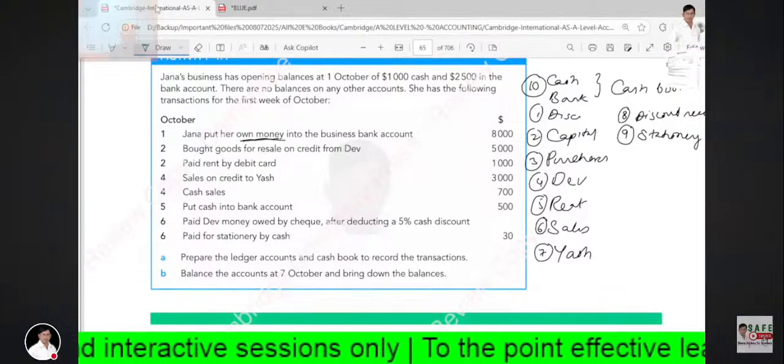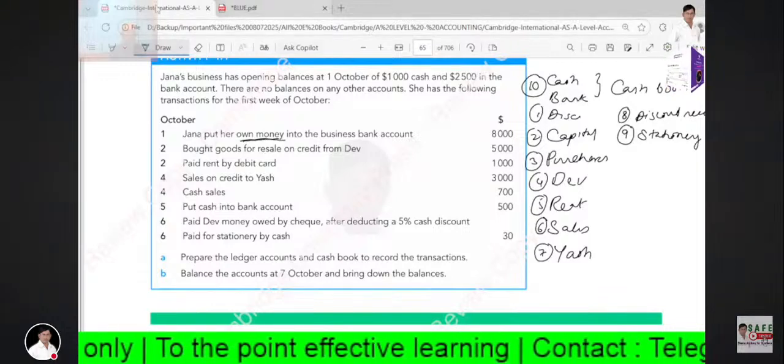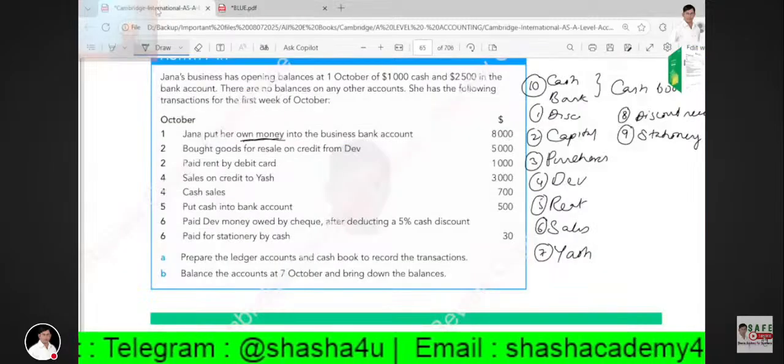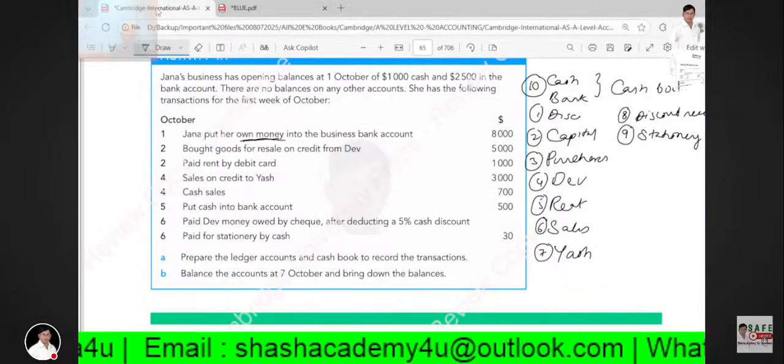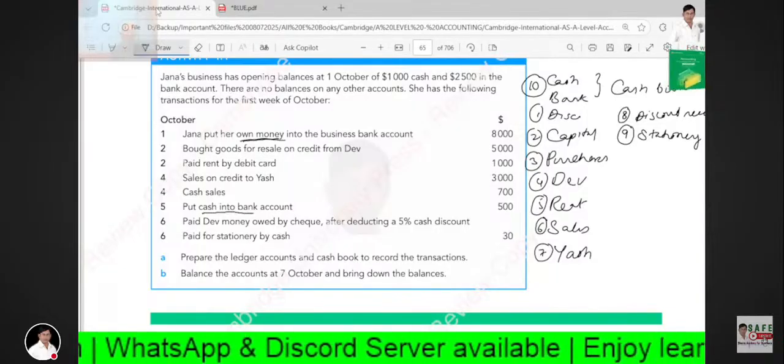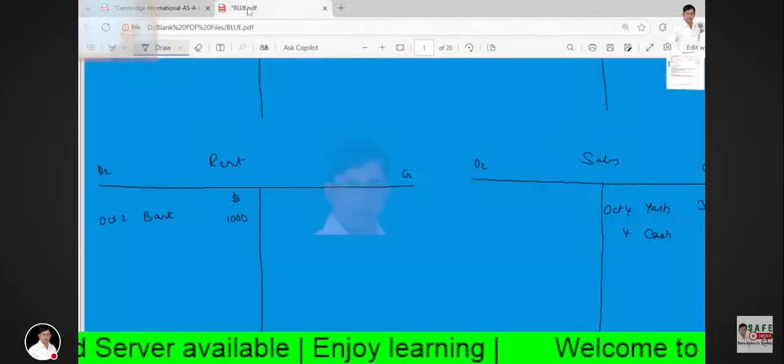Paid cash into bank account 500. What date? 5th. 500. Paid cash into bank. So cash into bank. Cash is coming in bank.